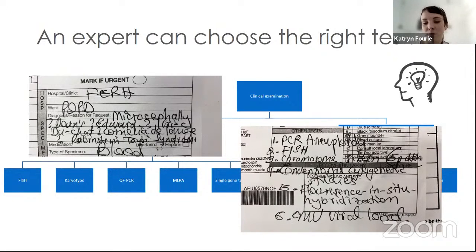It's probably out of sheer desperation to find something and having no idea where to aim the test and where to focus it. This is where your medical geneticists are invaluable, who can do a clinical assessment, take into account other types of testing, and aim the test in the right direction, so that we don't end up with these requests that really cannot be processed in any way.